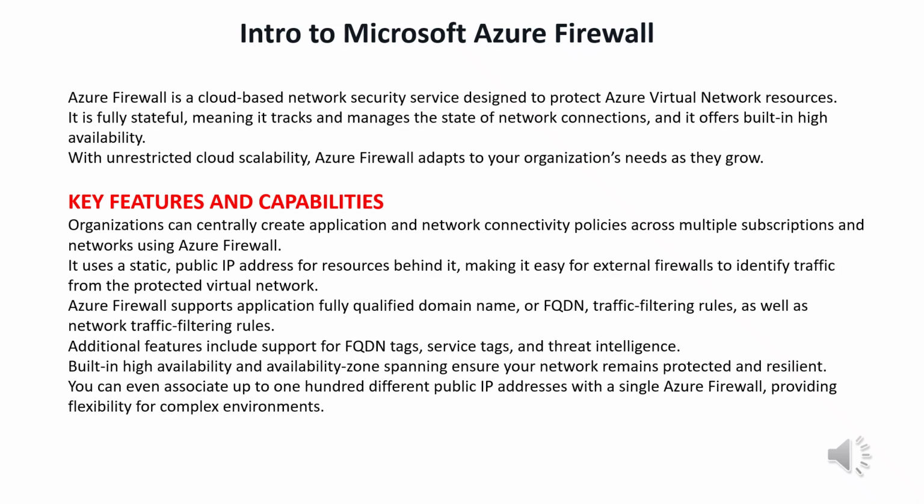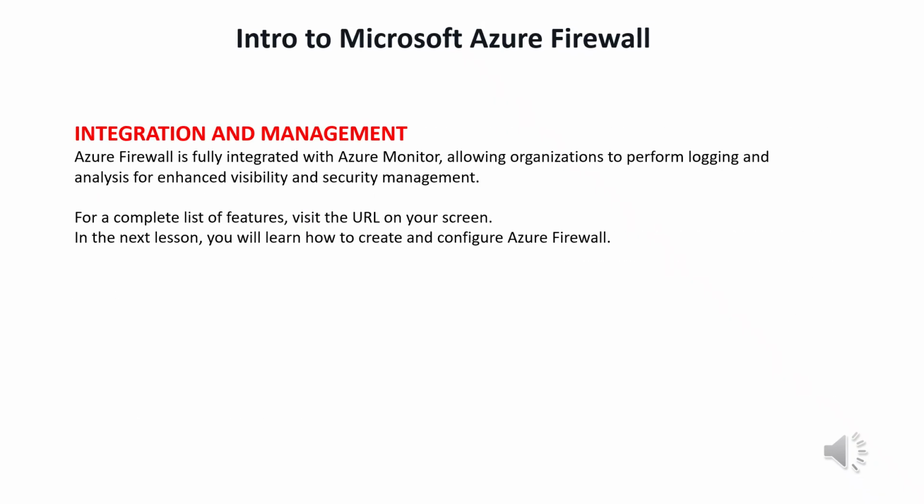You can even associate up to 100 different public IP addresses with a single Azure firewall, providing flexibility for complex environments. Azure Firewall is fully integrated with Azure Monitor, allowing organizations to perform logging and analysis for enhanced visibility and security management. For a complete list of features, visit the URL on your screen. In the next lesson, you will learn how to create and configure Azure Firewall.